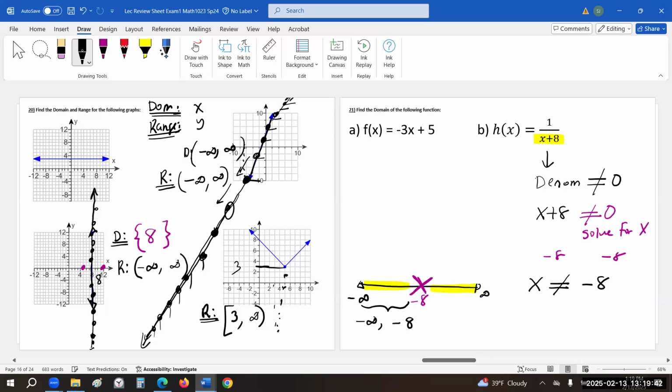Infinity gets parentheses. And for -8, can you substitute x with -8? No. So it's parentheses. Anytime we cannot use a number, we use the parentheses to represent that. We cannot use that number.